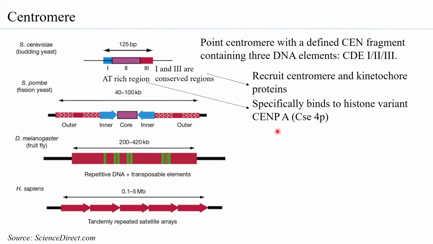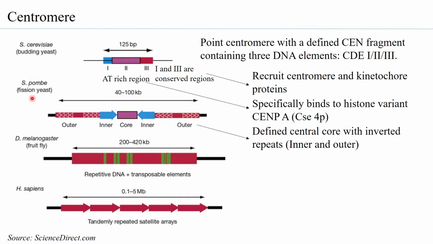Then let us go to Schizosaccharomyces pombe. Schizosaccharomyces pombe definitely has the core region, just like Saccharomyces cerevisiae has. But other than the central core, it has what are called inverted repeats. So you can see the arrow over here. This is one repeat sequence, and you'll find the same repeat sequence, but inverted.